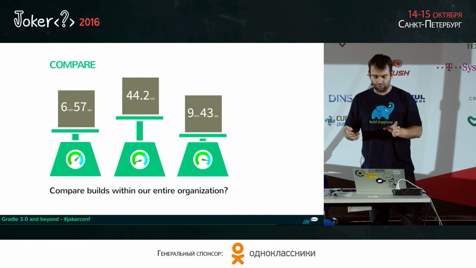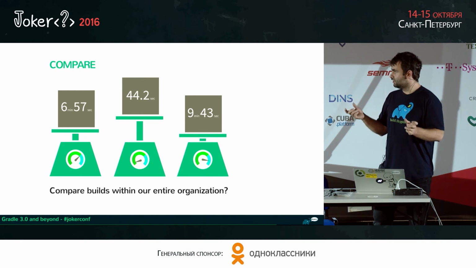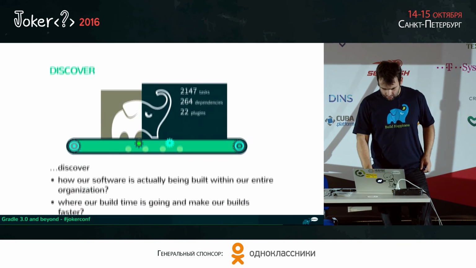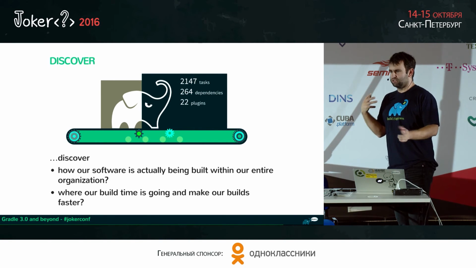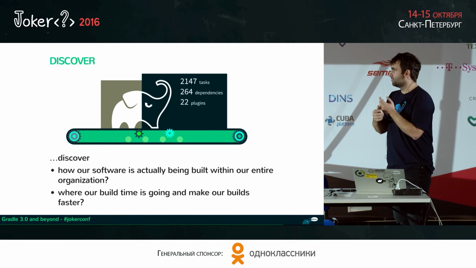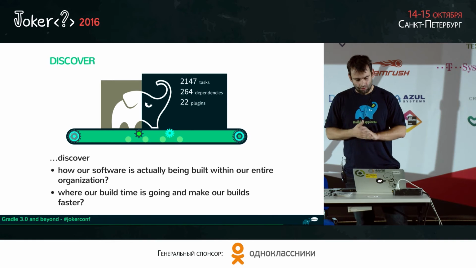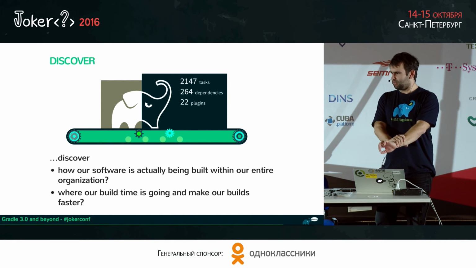So wouldn't it be nice to compare all the builds in an organization, not just the ones on CI, and see the difference there? Or wouldn't it be nice to discover how your big team is actually using the build? What is the impact of some update of a plugin? Or maybe your developers are not using the build as you expect them to.